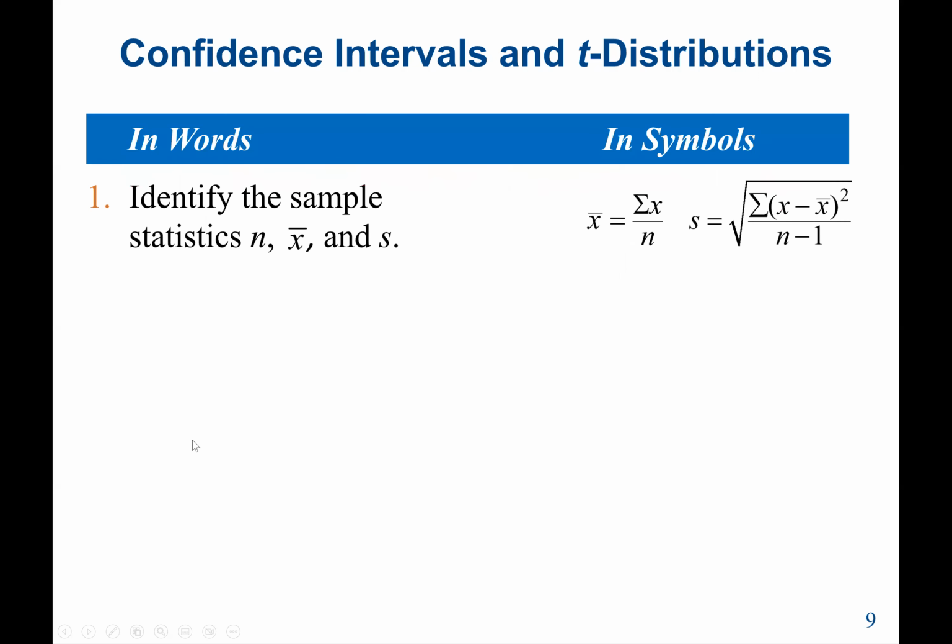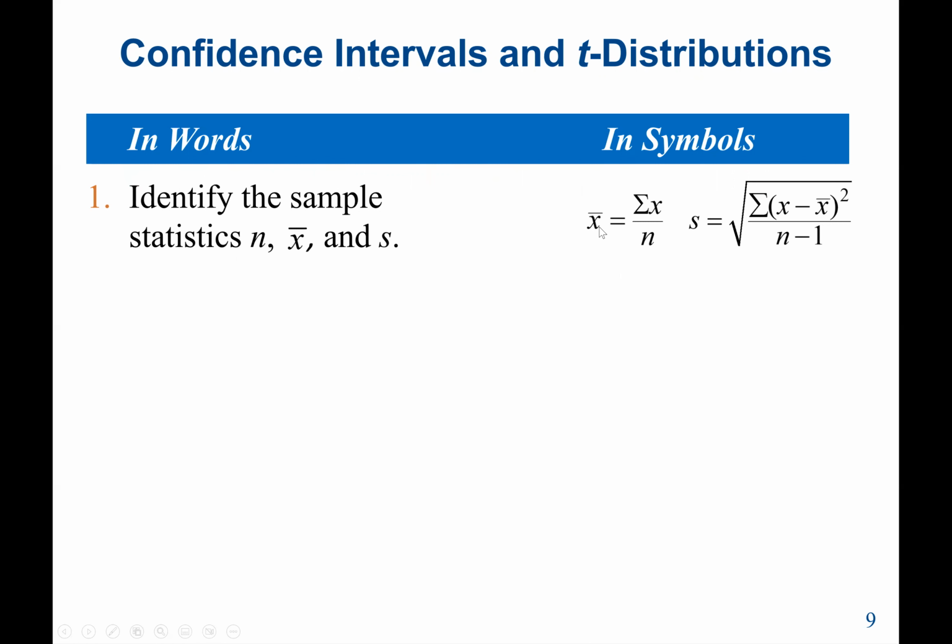So how do we find the confidence interval in the t-distribution concept? In words and in symbols, first we need to identify the sample statistics, which are the sample size, the sample mean, and the sample standard deviation. To find the sample mean, it will be the total of the x values divided by the sample size.